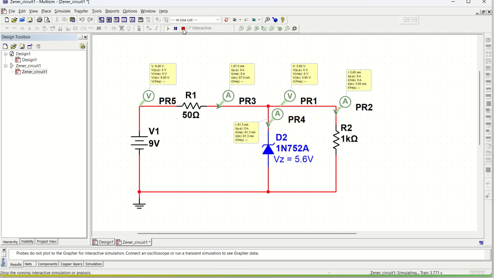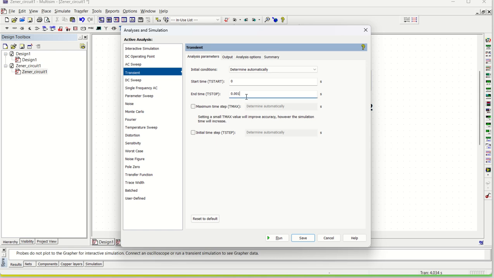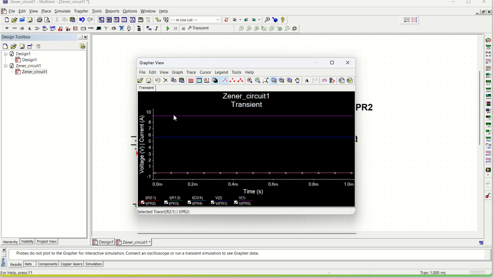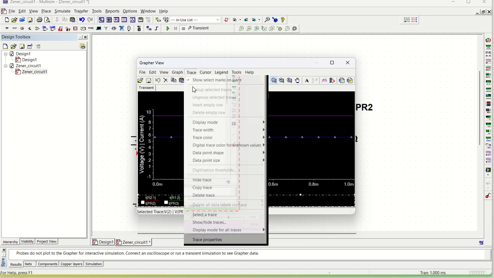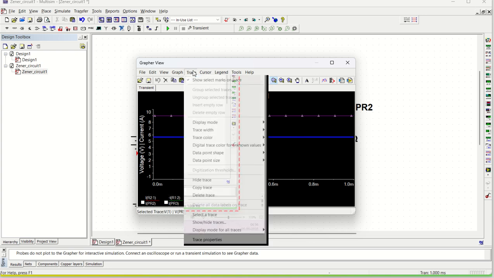Instead of that, what we can do is we can go to analyze simulation and then come to transients. Let us say I'm going to run it for this much second only, not a problem. Let me remove the currents. I don't want to find currents, and if I increase the trace width, you will be able to see it much nicely.